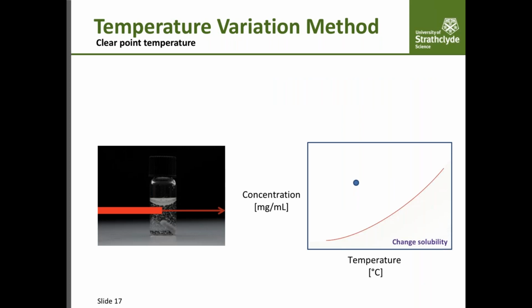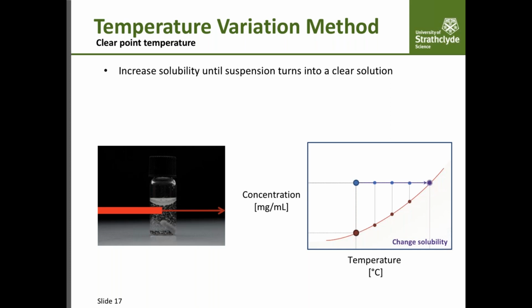So one quick way of measuring the solubility is just by detecting crystals in a suspension. If there are crystals present, you might have equilibrium, and then we can increase the temperature very slowly so that the crystals dissolve.